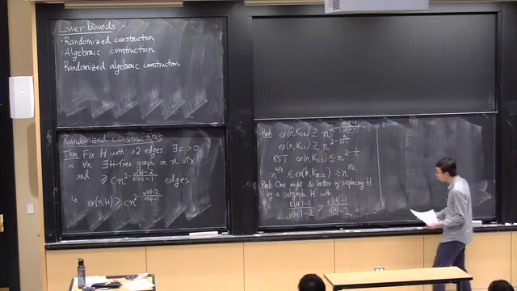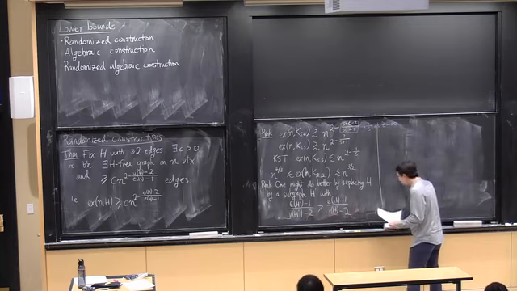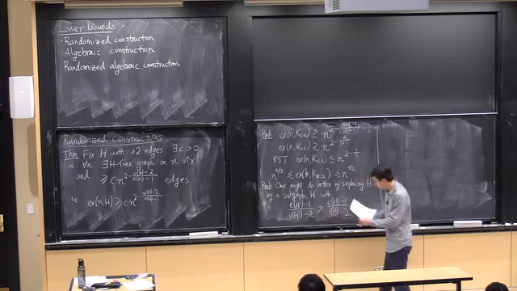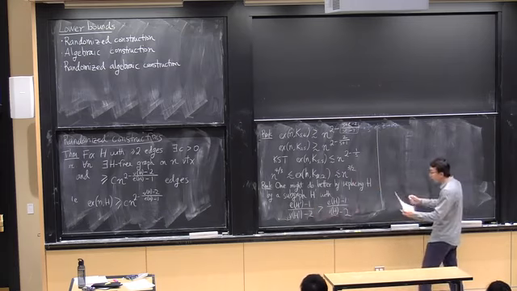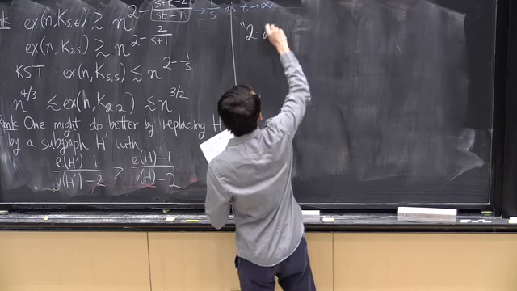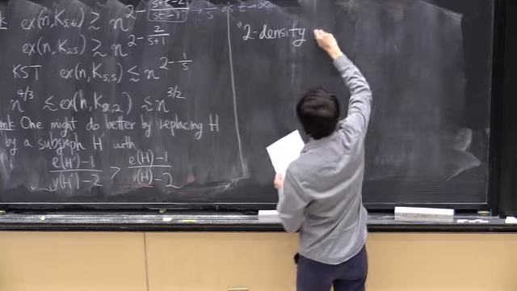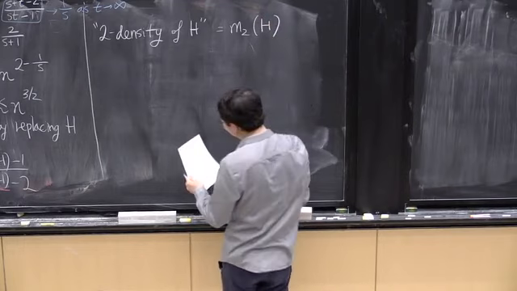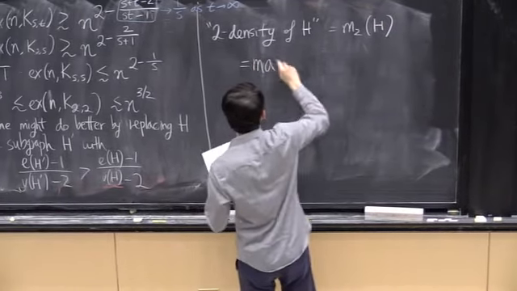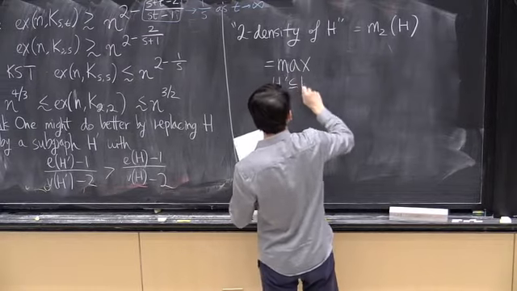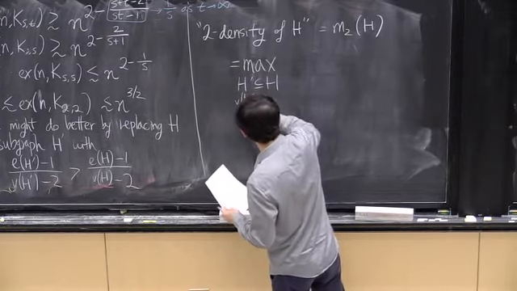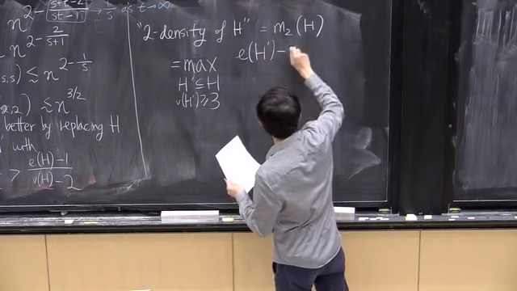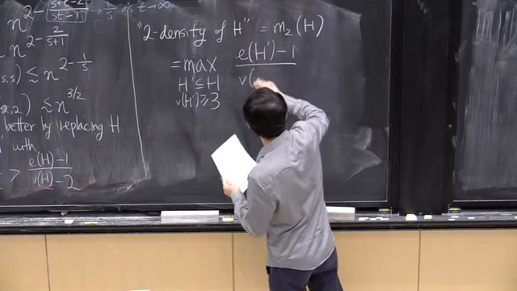So let me give a name to this notion here. Let me call the 2-density of the graph to be whatever quantity here that would be the maximum if you're allowed to pass down to subgraphs. So the 2-density of a graph H, denoted in the literature often as m sub 2, is the maximum, where you are allowed to look at subgraphs, let's say on at least 3 vertices to avoid degeneracies, of this ratio that comes up in the expressions.